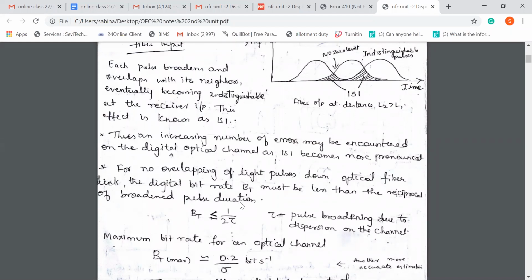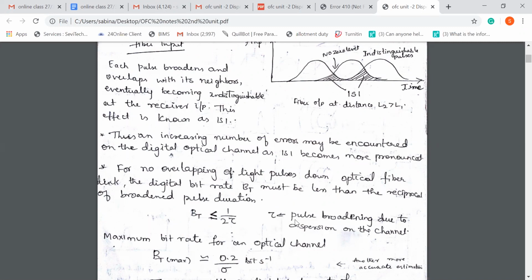So for no overlapping, you have to maintain some bit rate. The digital bit rate BT must be less than the reciprocal of the broadened pulse duration.